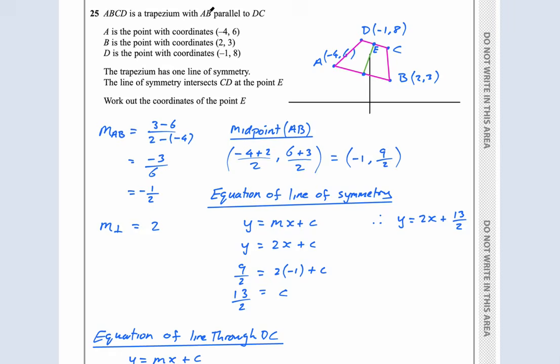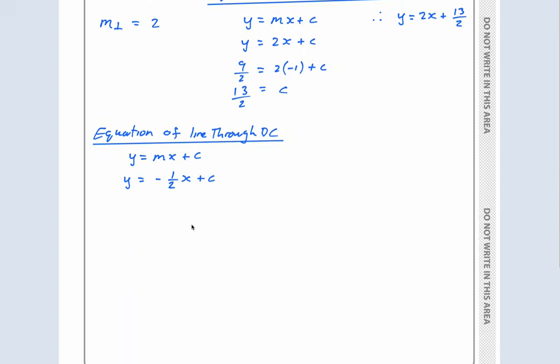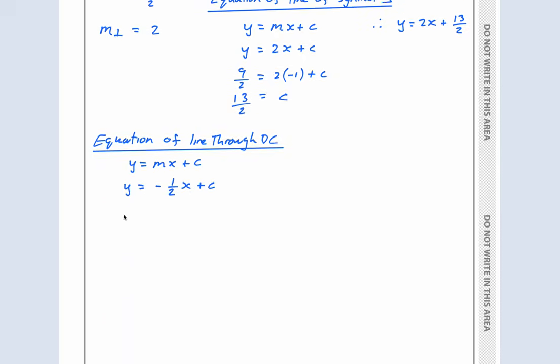It says that at the start. And AB's gradient is minus a half. So DC's gradient is minus a half. And it goes through the point D, which is minus 1, 8. So here I'm going to put 8 here, and minus 1 here, minus a half times minus 1 plus c.